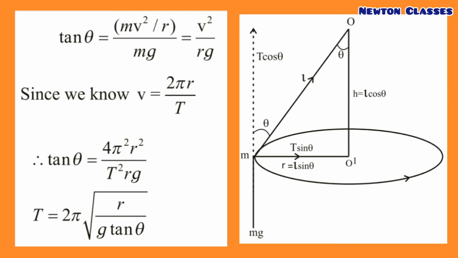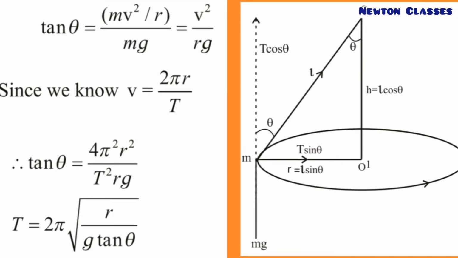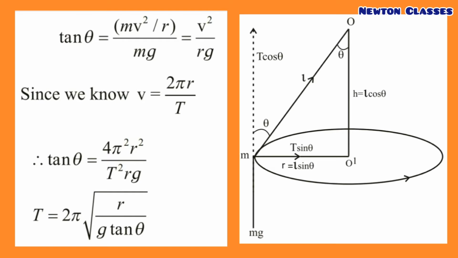Now consider tan theta in triangle MOO', which is equal to the ratio of T sin theta upon T cos theta. We know T sin theta is equal to mv square by r and T cos theta is equal to mg. Therefore, we get tan theta is equal to mv square by r upon mg, which is equal to v square by rg.